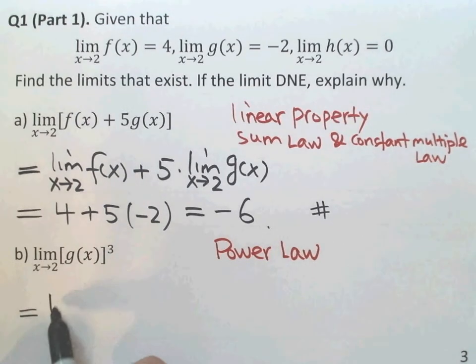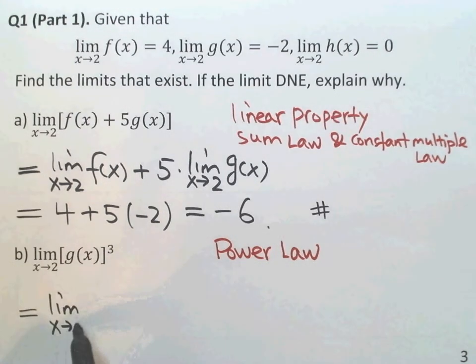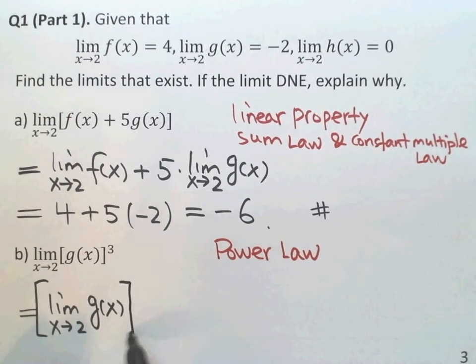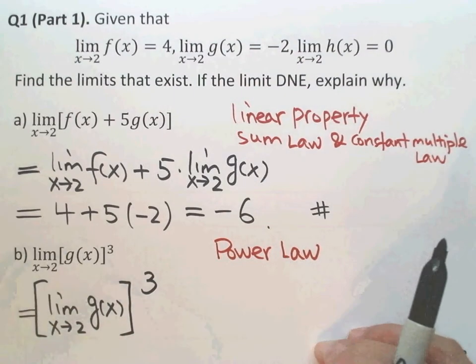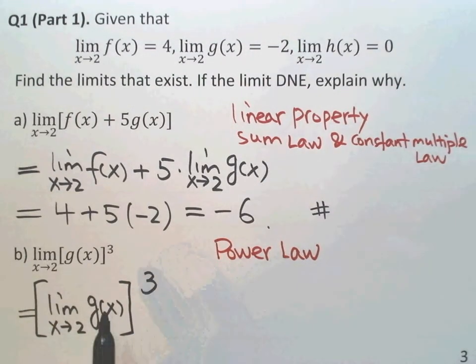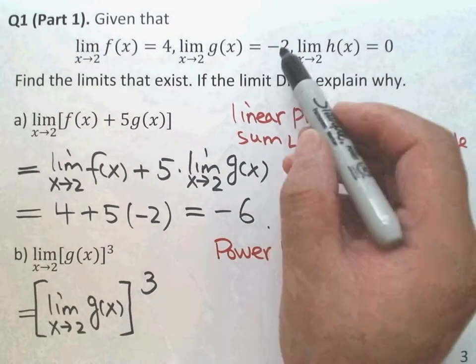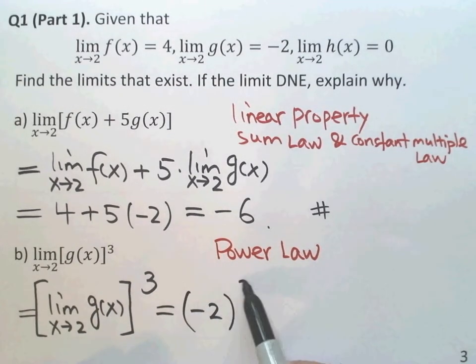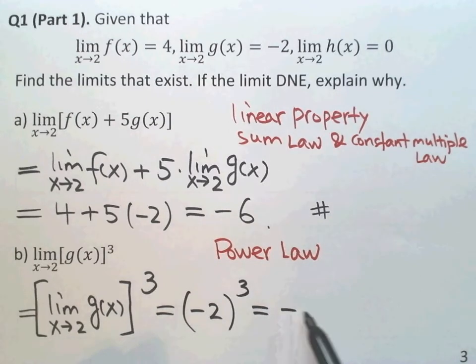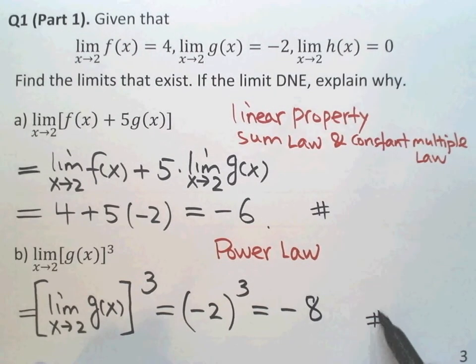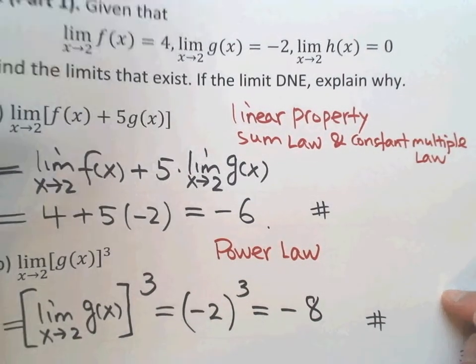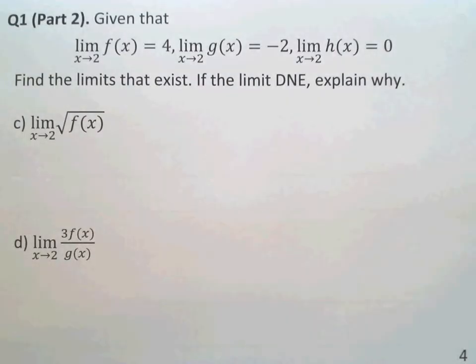So we get the limit as x approaches 2 of g(x), the base, in a big bracket raised to the power of 3. This is the power law. Now what do we need to do? The limit of g is -2, so we plug -2 here and get -2 raised to the third power. Of course, by calculation we get -8.